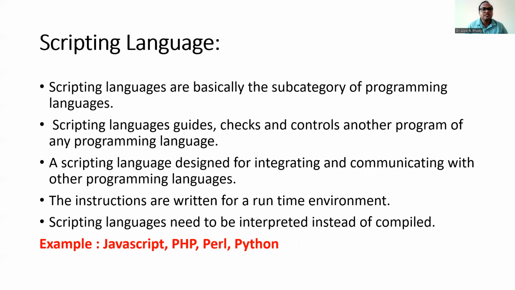Hence, we use an interpreter for a scripting language, so that whenever we add a small script or a small line in existing code, that script gets executed during runtime. So we need an interpreter instead of a compiler for executing a scripting language. Some examples are JavaScript, PHP, Perl, Python, etc.